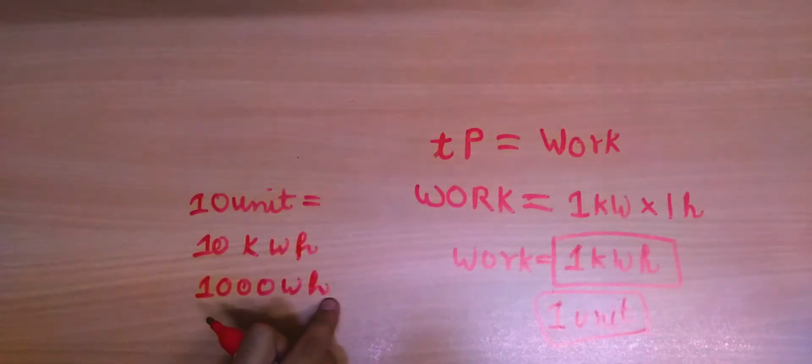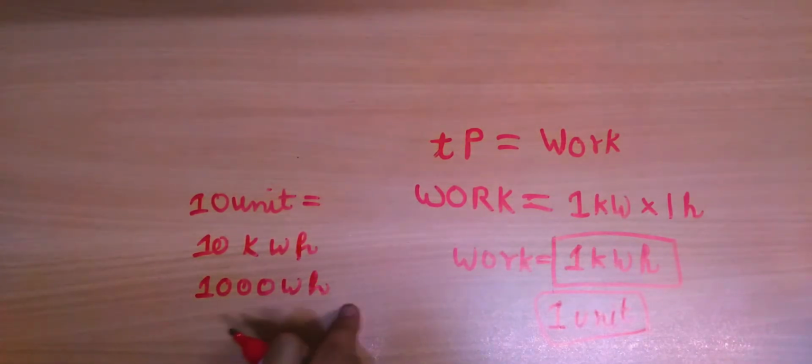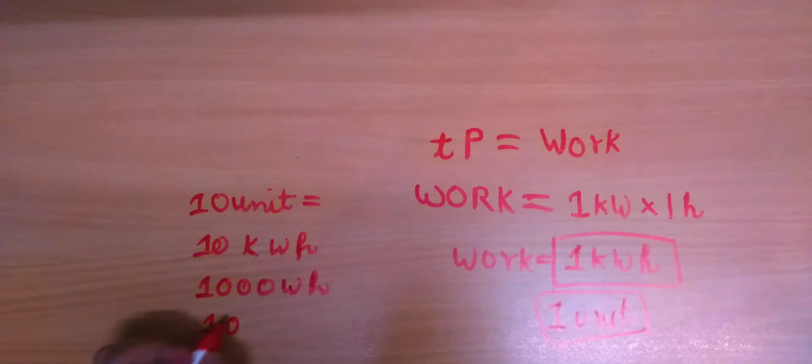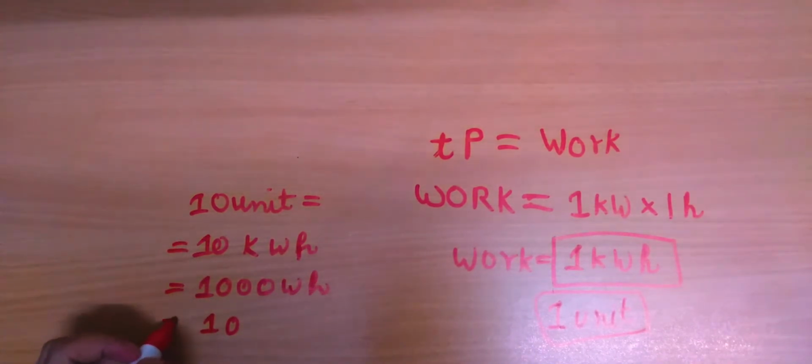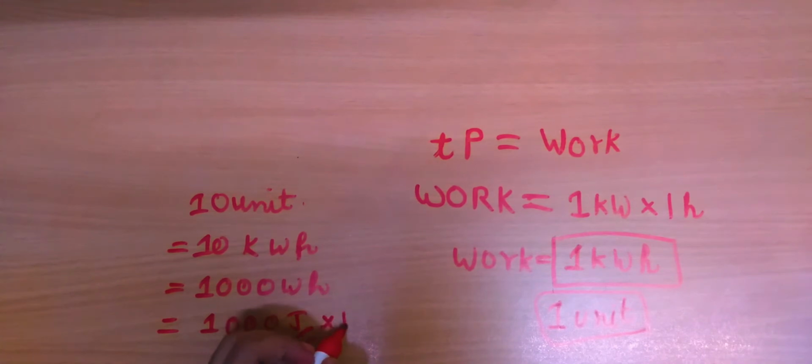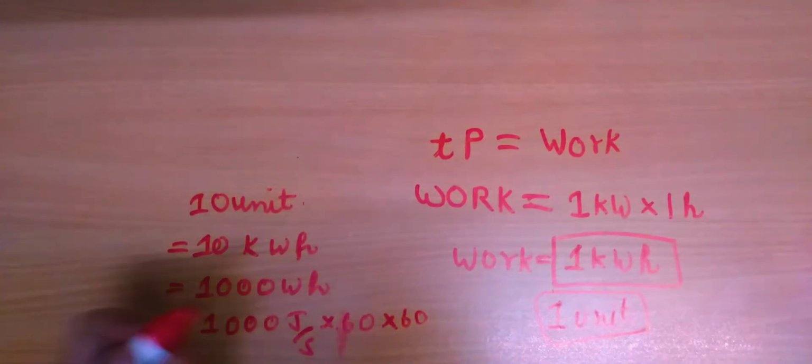So 1,000 watt hour, and watt simply means joules per second. So it means 1,000 joules per second for 1 hour, and 1 hour is simply 60 into 60 seconds: 60 seconds, 60 minutes.